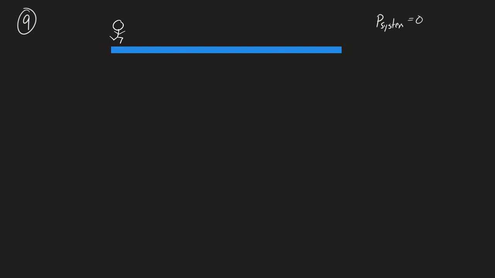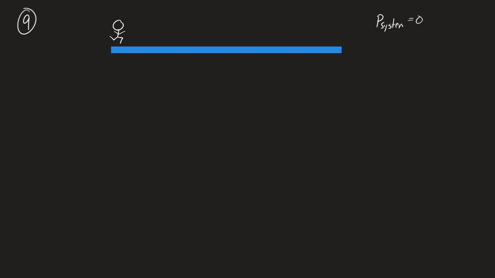All right, so ice sheet. I'm not sure how to draw it. Let's draw it from the side. So the kid is standing here, and then the system is at rest before he begins to run. So the momentum of the system is 0 because everything's at rest before he starts to run.